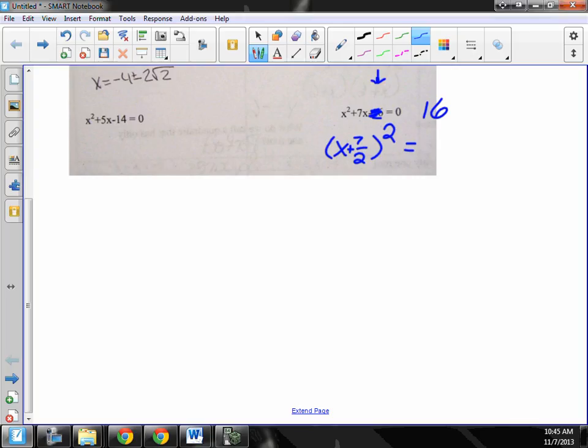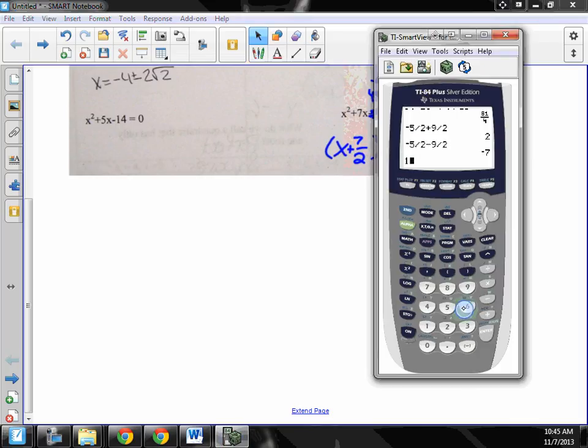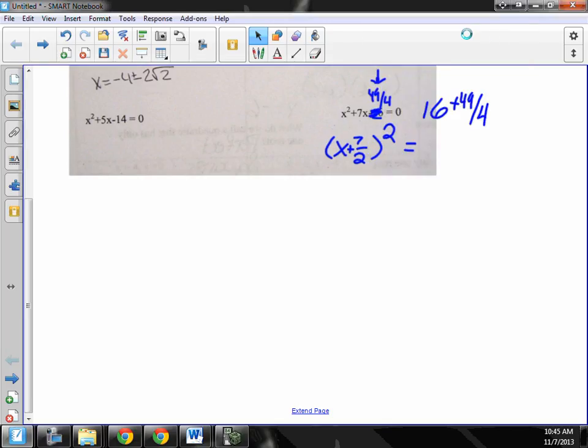What is 7 over 2 times 7 over 2? 49 over 4. Plus 49 over 4. So 16 plus 49 over 4, math fraction, is 113 over 4. So this is 113 over 4.